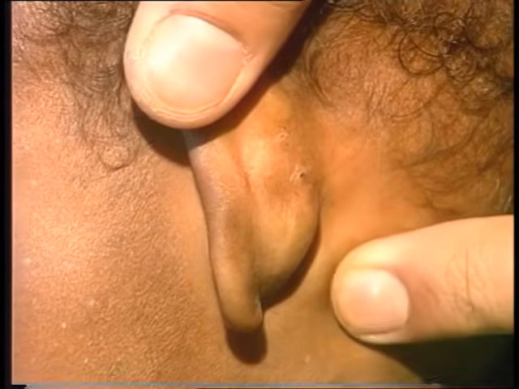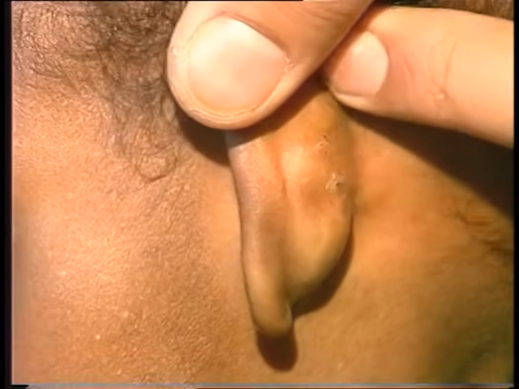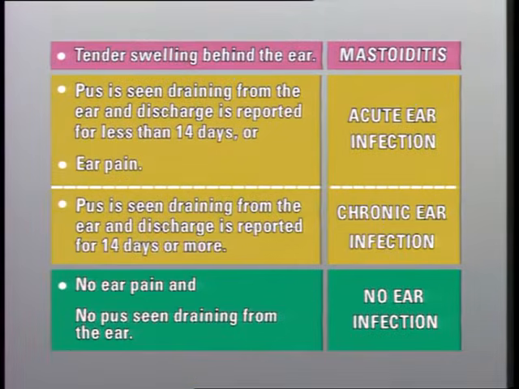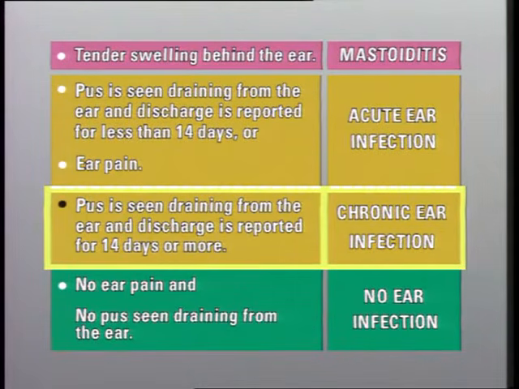There is no tender swelling behind her ears. Faduma does not have mastoiditis. Pus draining from the ear and discharge reported for 14 days or more is a chronic ear infection. We would therefore classify Faduma as chronic ear infection.